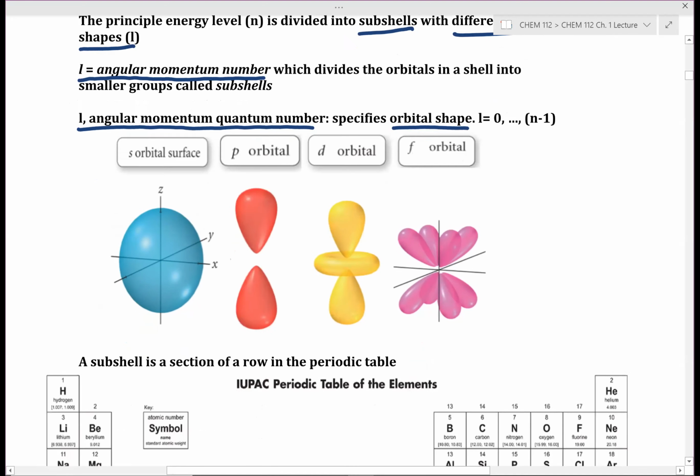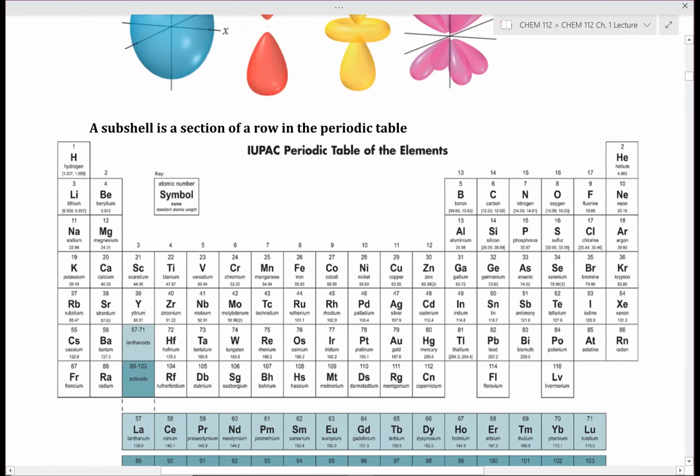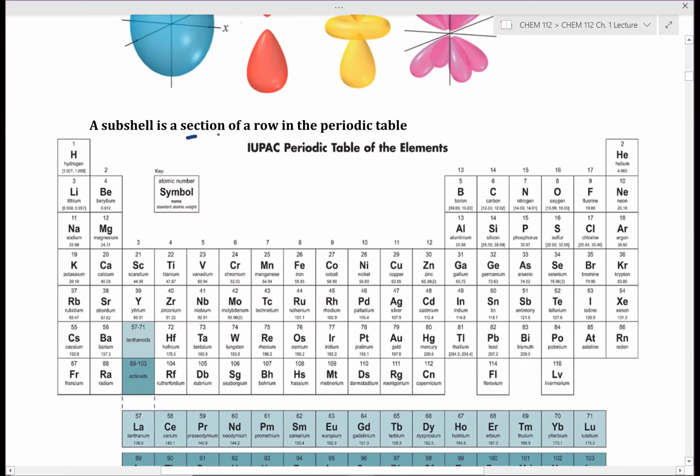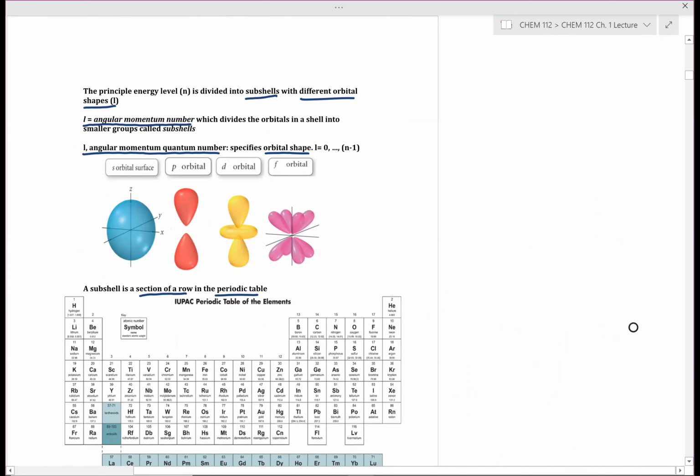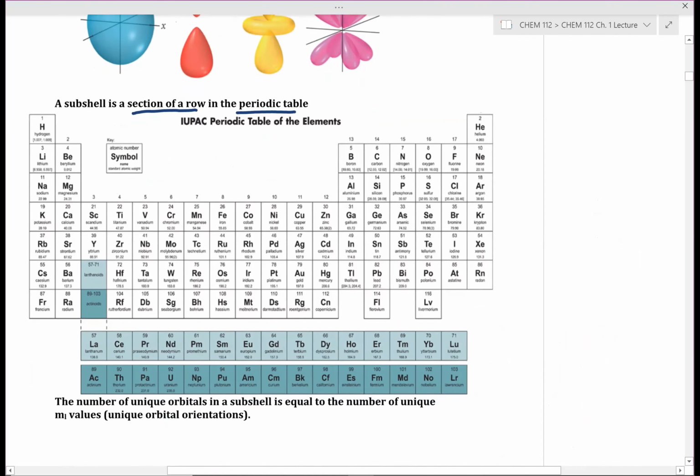Looking at the periodic table, once again, a subshell is a section of a row in the periodic table. Let's really take this time to zoom in on the periodic table, and let's identify and label all of the major subshells that we're concerned with in this class. First and foremost, the first two elements in any given row are what are known as the S subshell.